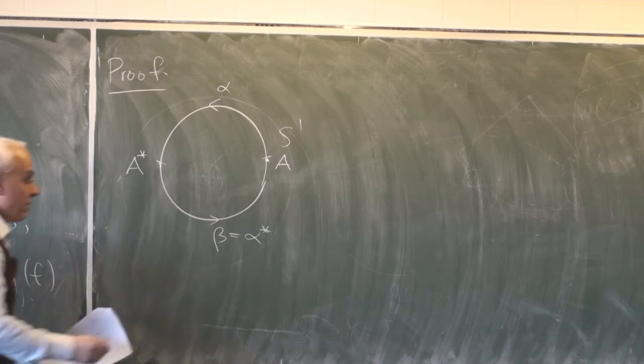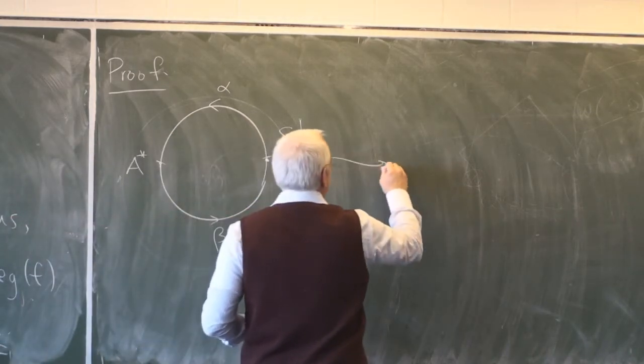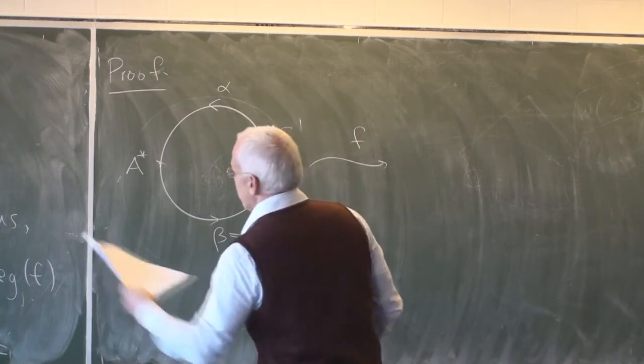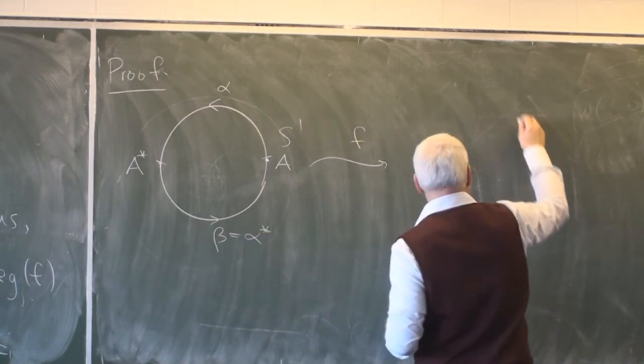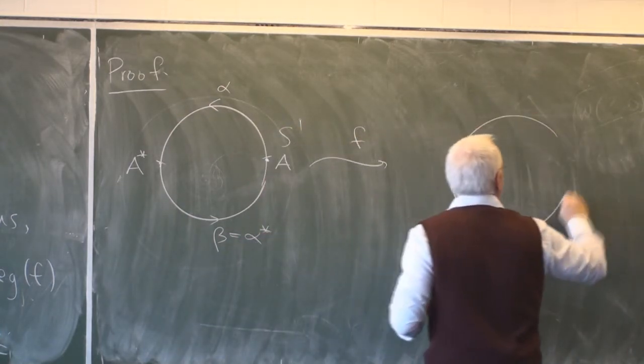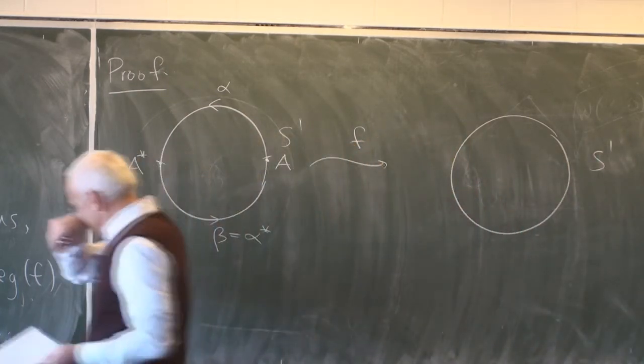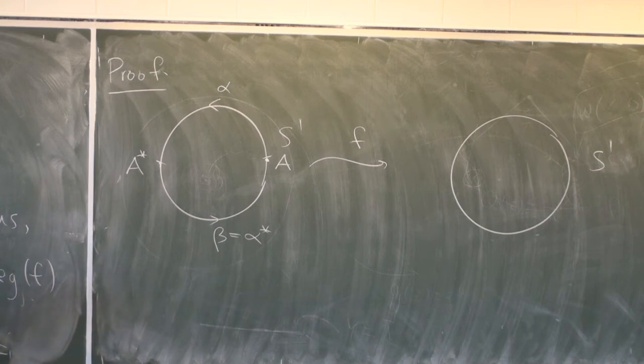And now let's have a look at the image of this curve under our continuous map f. Okay. So we're going to do that in two pieces. So let's look at the image of alpha first.